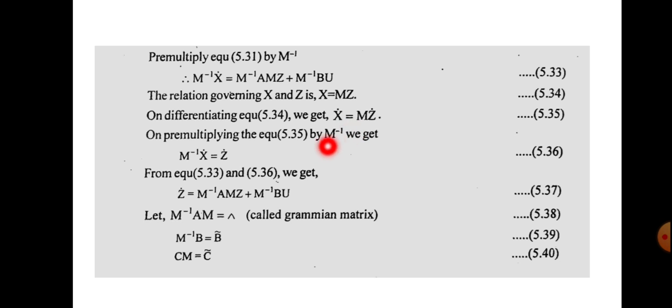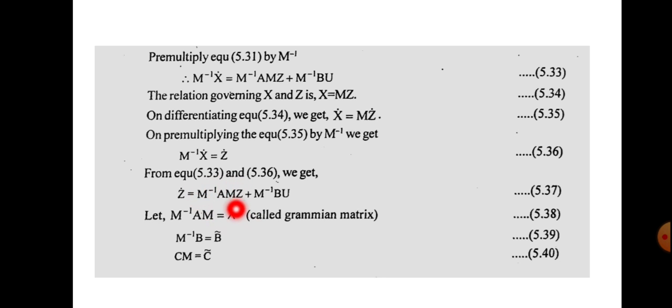Multiplying by M inverse, we get M inverse x dot equal to z dot. So instead of this quantity, we can substitute z dot, and we get z dot equal to M inverse AM z plus M inverse Bu. That is the equation here.